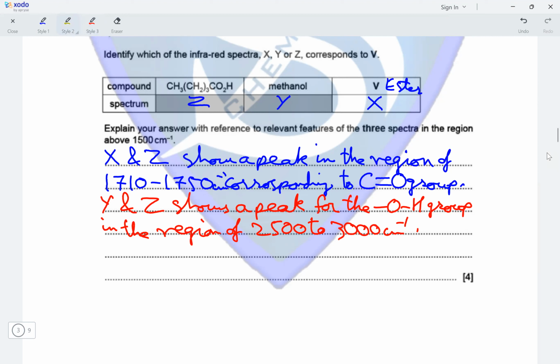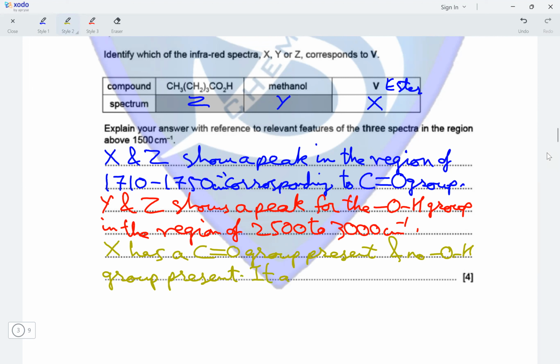and Y, or rather V is X, right? So X has a C double bond O group present and no OH group present.